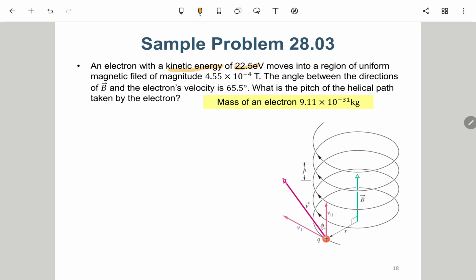This is the direction of v, this is the direction of B, and this angle is 65.5 degrees. So we can decompose v into a component parallel to the B field and a component perpendicular to the B field. So what is the pitch of the helix path taken by the electron?